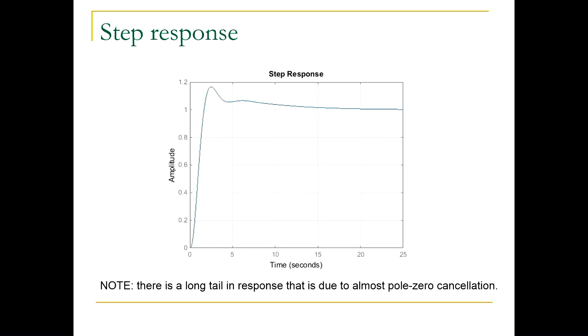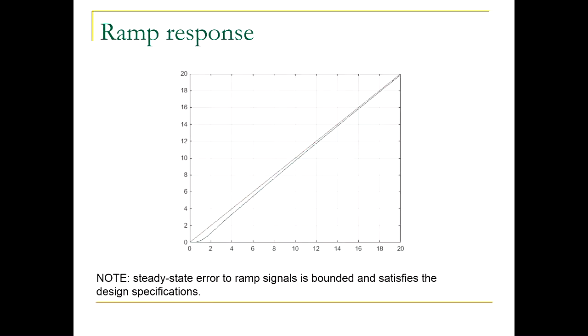If you find that this is unacceptable for your application, you might have to repeat the design. In this case, our specifications didn't tell us the settling time, so we didn't bother with it. But this is the outcome of design, and you are advised to check what happens with the step response, with all the sensitivity functions, etc.